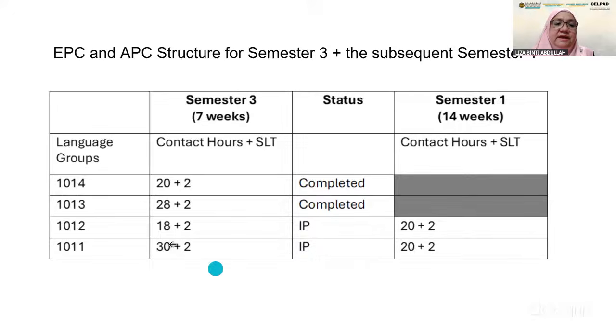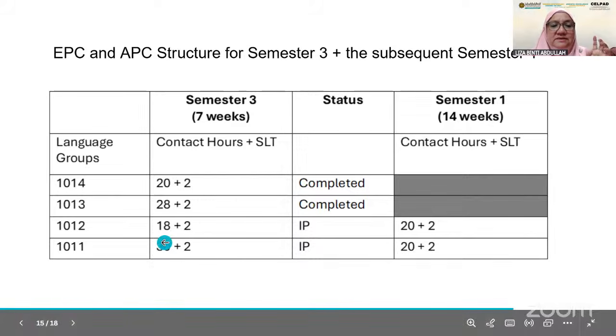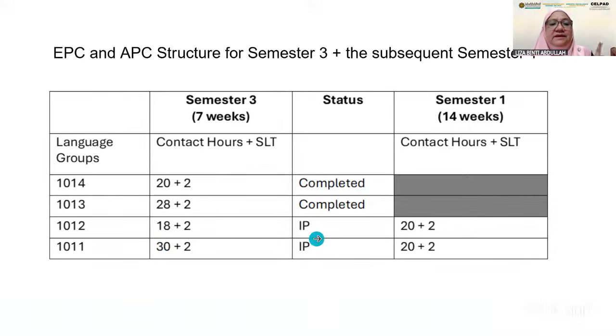But if you do take it, you will have to do 18 hours. At the end of that short semester, semester 3, you will not complete it, but your status will be IP. IP is in progress, meaning you have to continue that same course in the following semester 1.